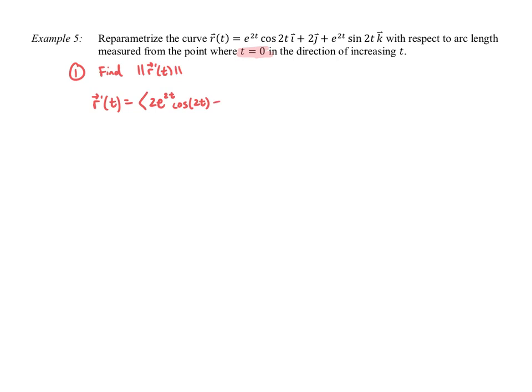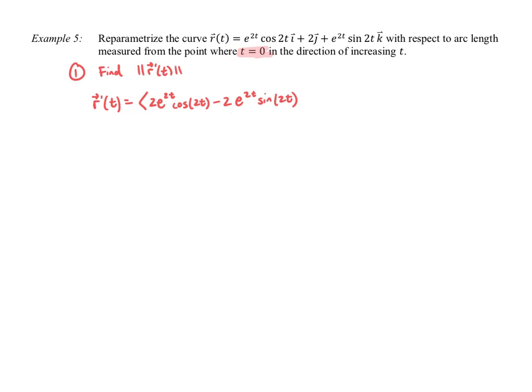I'm going to try to save some space here because remember this time we're going to take e to the 2t, but then the derivative of cosine of 2t is minus 2 sine of 2t. So I'm trying to save a little bit of room here by doing the product rule of the very first component. And I just kind of grouped things together a little bit so it was less ugly.